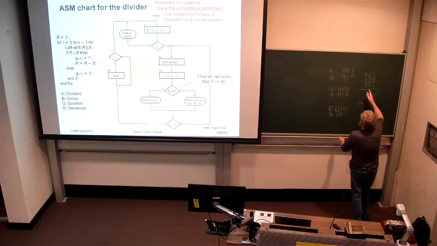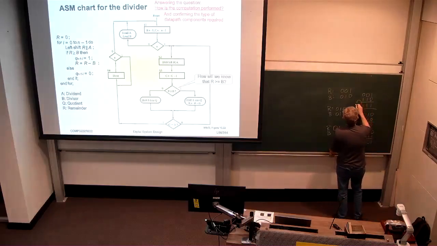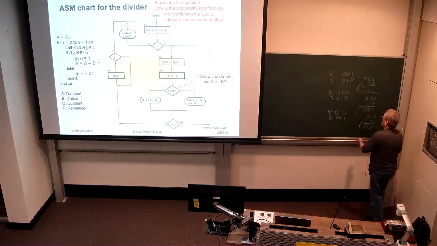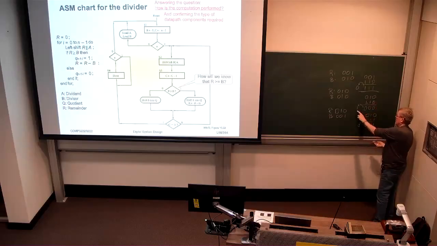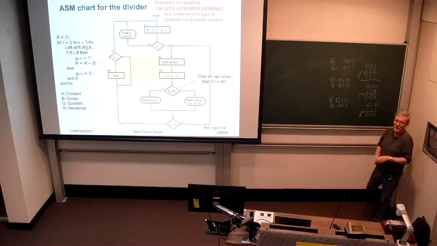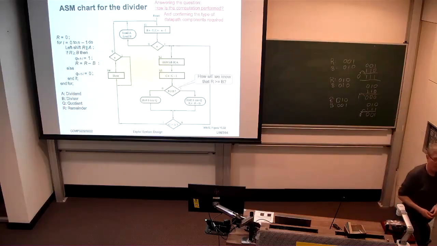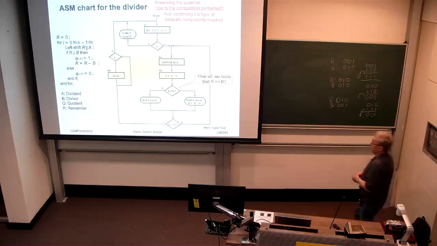Up here, when R was smaller than B, we had a carry out of 0. When R was equal to B, we had a carry out of 1. When R is greater than B, we had a carry out of 1. So the carry out tells us whether R is greater than or equal to B. Okay.